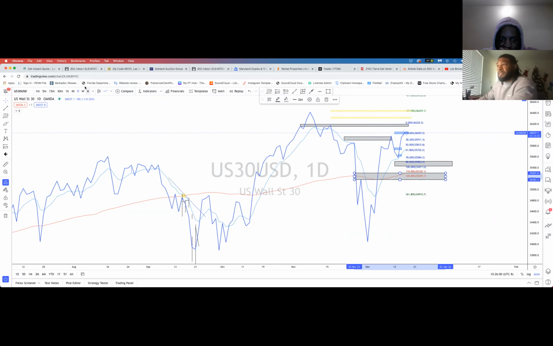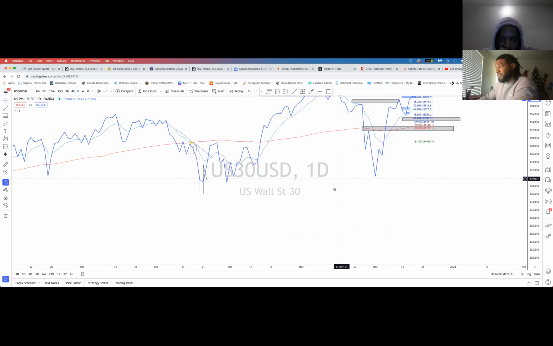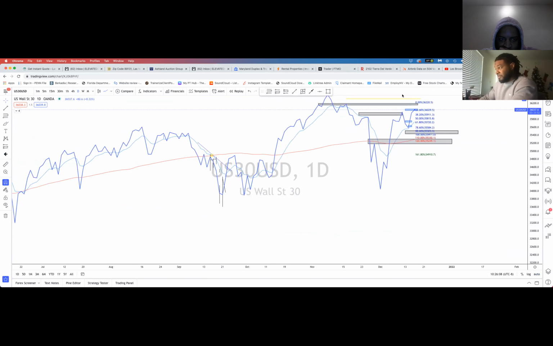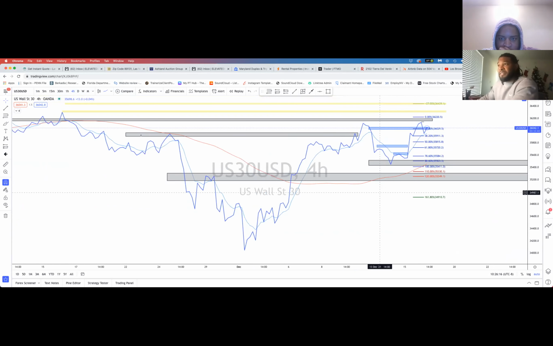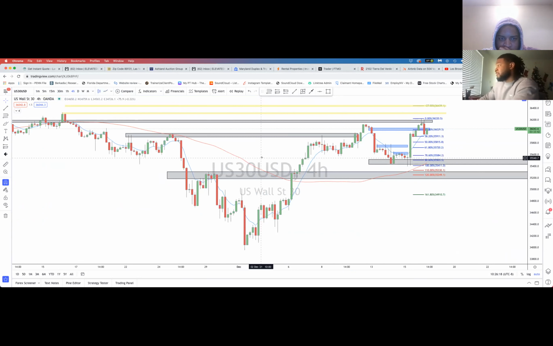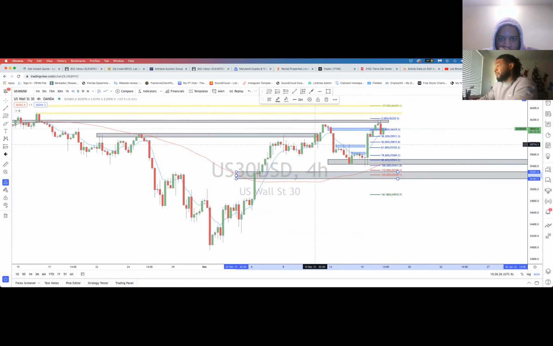Okay. So from there, I'm looking at my overall bias, which is bullish. What I'll do is scale down to my 4 hour and tighten up those zones, see where everything reacted from.